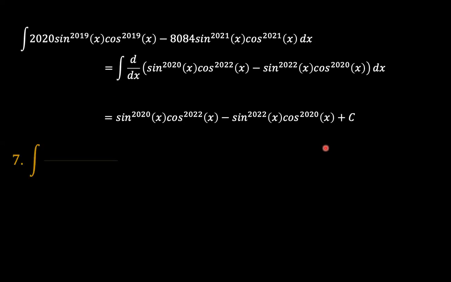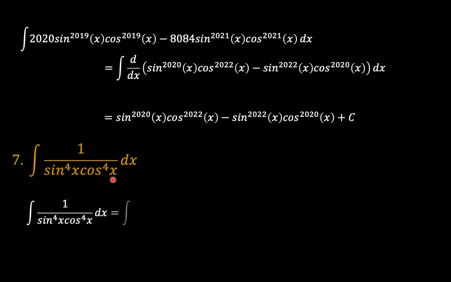Our next problem is problem number 7, which is 1 over sine to the power 4x times cosine to the power 4x. So we could quickly re-express this as sine 2x over 2 to the power 4 in the denominator of the integrand.